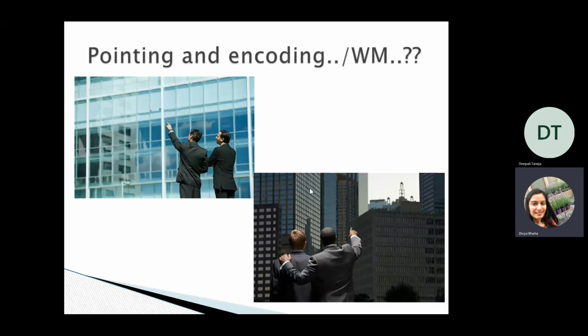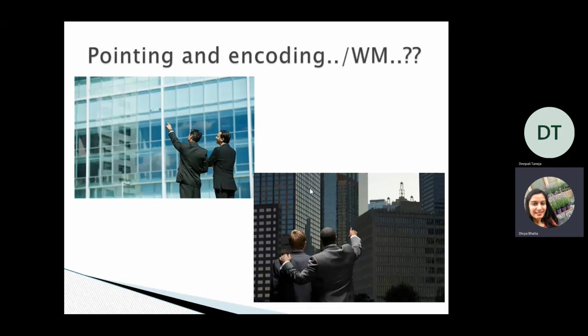The second question is, could pointing movements performed by another person have a similar interaction with our working memory? If you look at this scenario, this person's pointing movements can perhaps interact with his own working memory, but what about this person's working memory? The pointing movements are performed by this person, but they have an indirect relationship with this other person's working memory. These were the questions we were interested in.